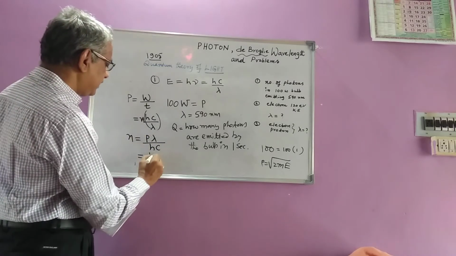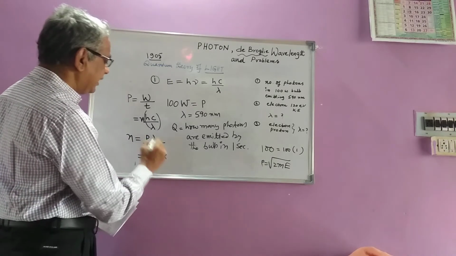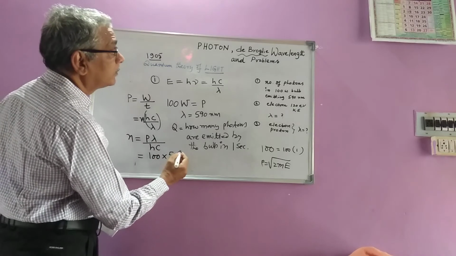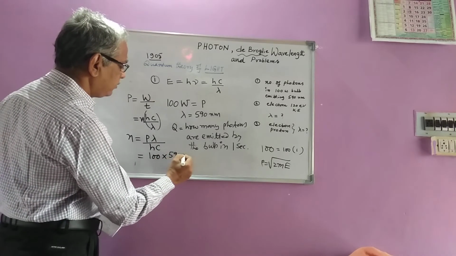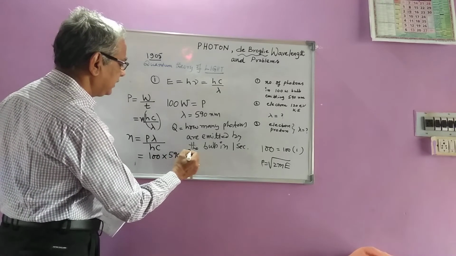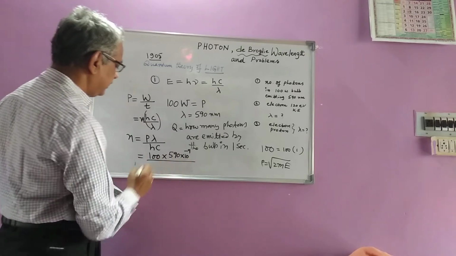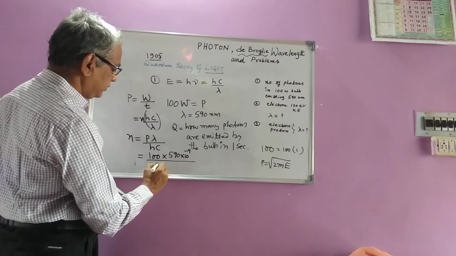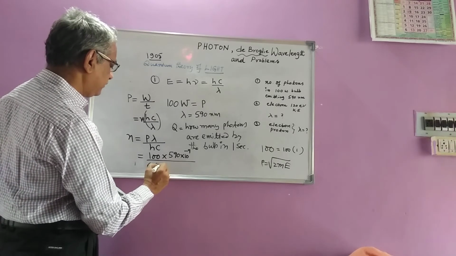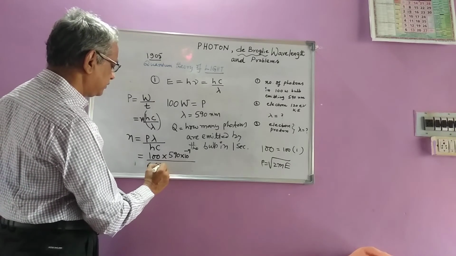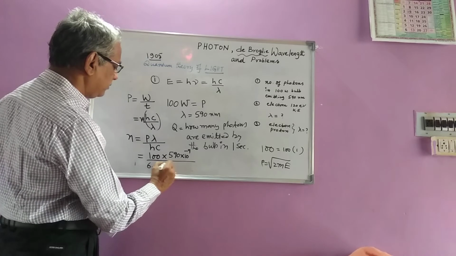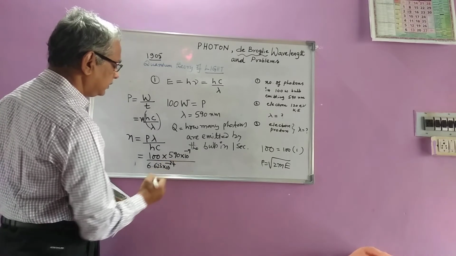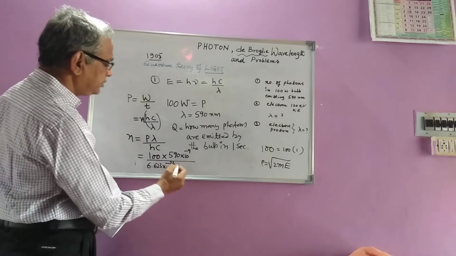So power is 100, lambda 590 nanometers, 10 to the power of minus 9, divided by h 6.623 10 to the power of minus 34 joule second.